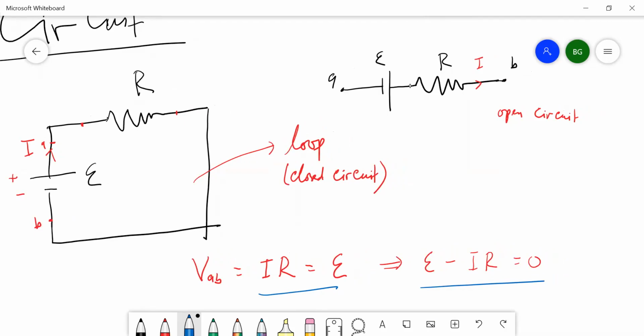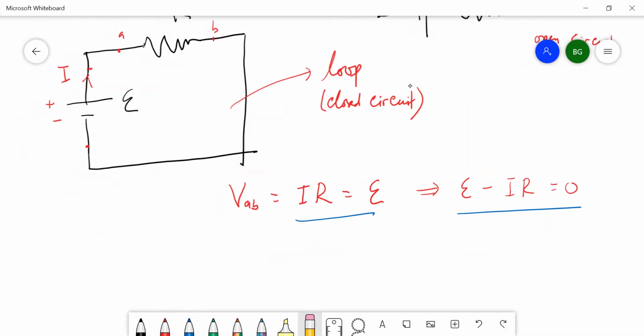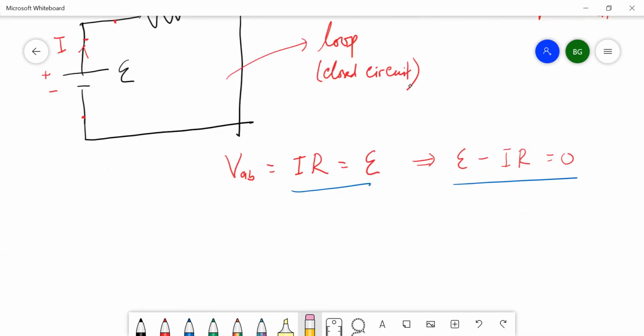For example, I took again from A to B. What happened? So which one is greater, VA or VB?